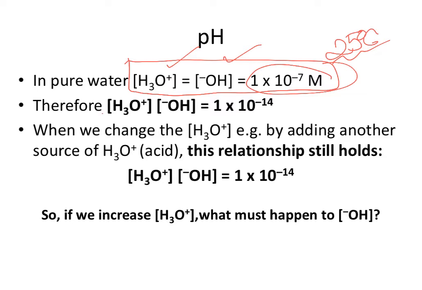Another way to say that is the product of both of the ions in a neutral solution at 25 degrees is 1 times 10 to the minus 14. We've also talked about the inverse relationship between the two ions. As we increase the concentration of hydronium, for example, the concentration of hydroxide must go down because the product is a constant.